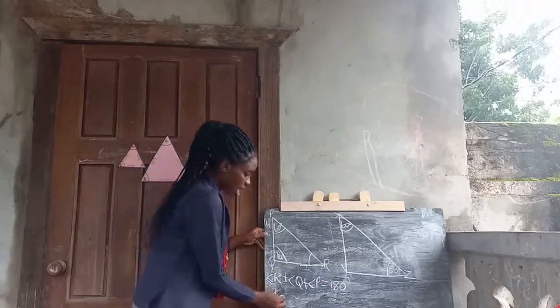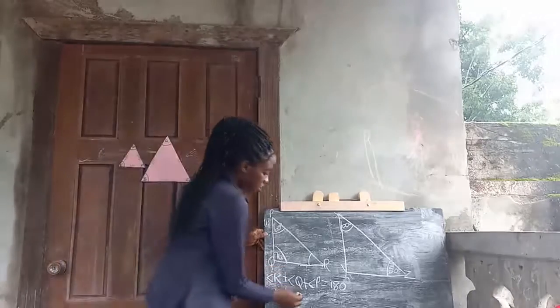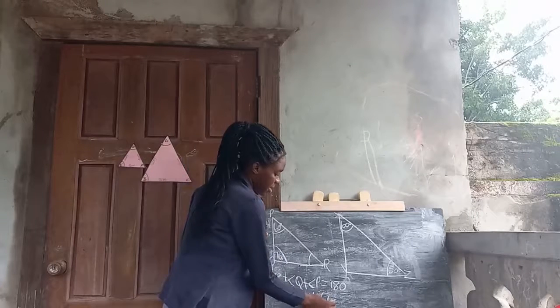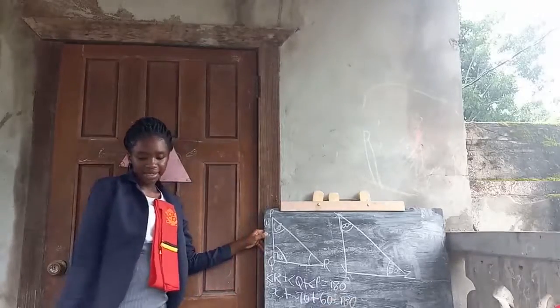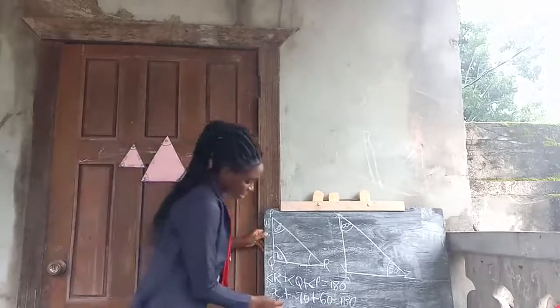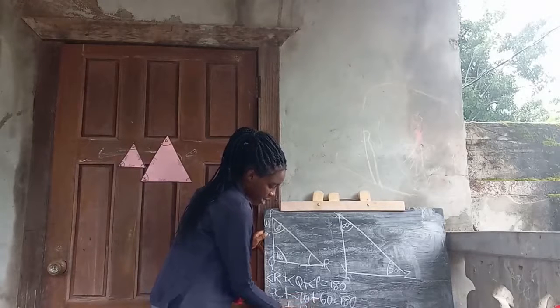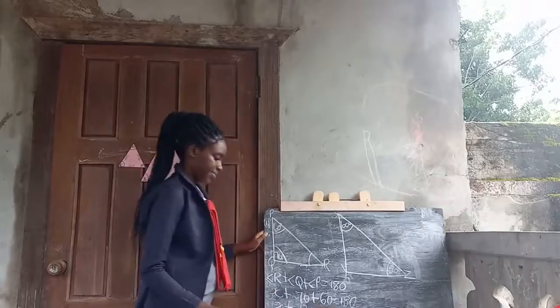So we put angle R as X if we don't know what it is. Angle Q is 70 plus angle P is 60 equal to 180 degrees, right? So X plus 70 and 60, we're going to get 130 is equal to 180.